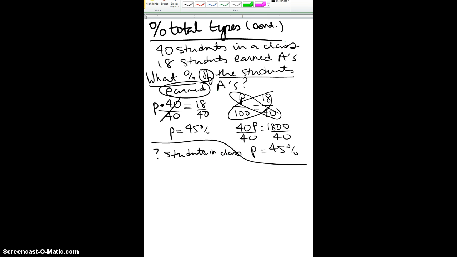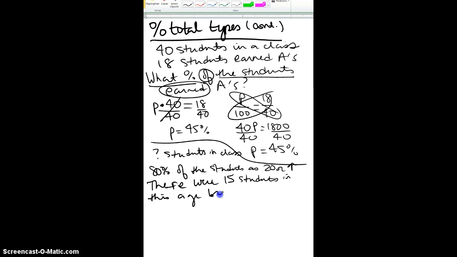Okay, so I don't know how many students are in the class, but I know 80% of the students are 20 or older, all right, and there were 15 students in this age bracket. All right, 15 students in this age bracket, and I want to know how many students were in the class.